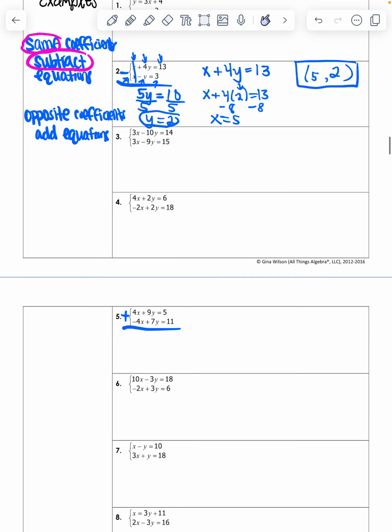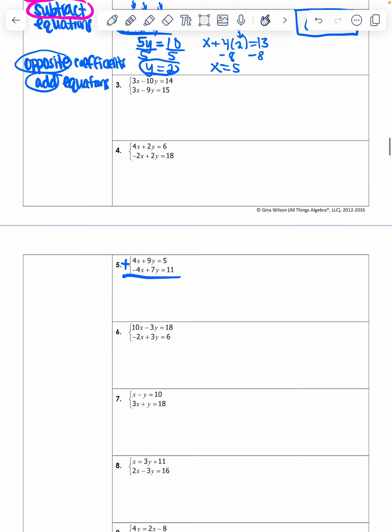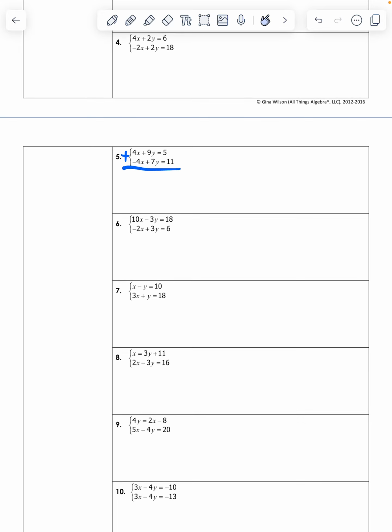Because when we have opposite coefficients, we're going to add the equations. So 4x plus negative 4x eliminates. It cancels out. 9y plus 7y, that's 16y, equals 5 plus 11, 16. Once we get that, we can quickly solve it out. We're going to get y equals 1. We're halfway done.